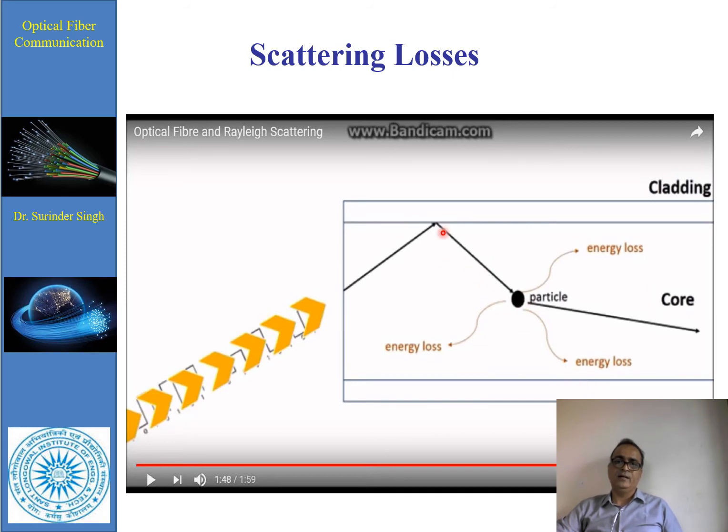So the light, instead of propagating straight forward, goes in another direction. There are a lot of problems that occur, and ultimately power loss occurs, and the transmission phenomenon is also disturbed by the scattering loss.